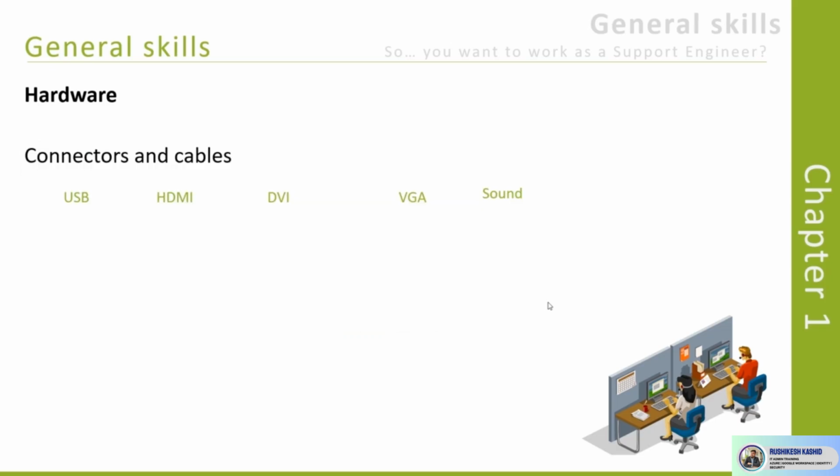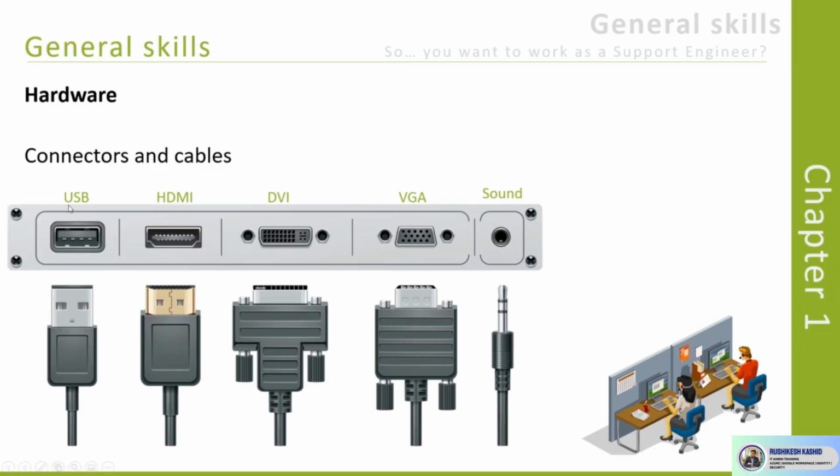Here is a small challenge for you. I have USB, HDMI, DVI, VGA, and sound. Can you picture a connector, a cable? Here we go. USB for printers, mice, keyboards. HDMI, DVI, and VGA are ports for your screen, graphics cards.